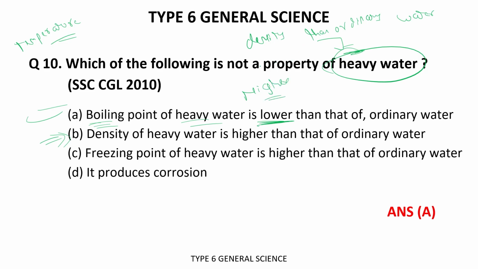So you require more heat and a higher boiling point. If we read the options carefully, we will find the answer should be A, because the boiling point of heavy water could not be lower than ordinary water if the density of heavy water is higher.